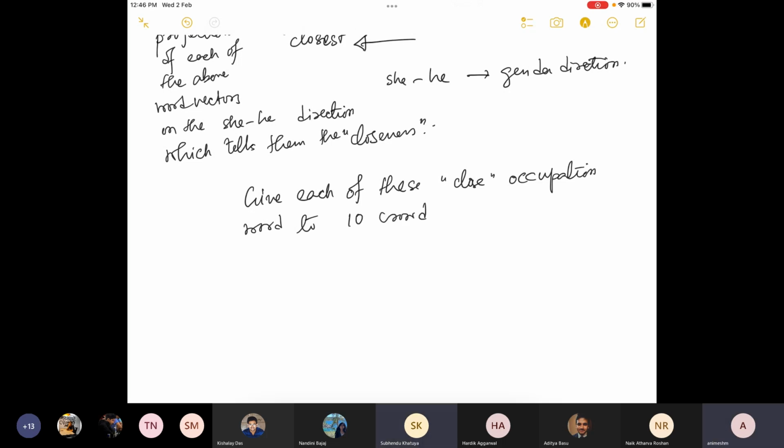As I said, always they're evaluating each word with 10 workers. And now the workers had to tell whether the word reflects a gender stereotype or not.